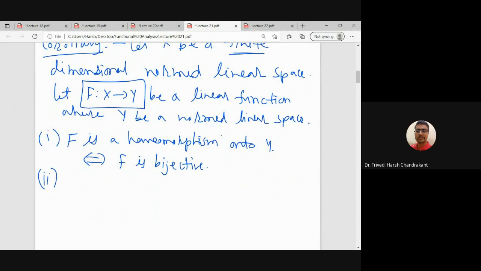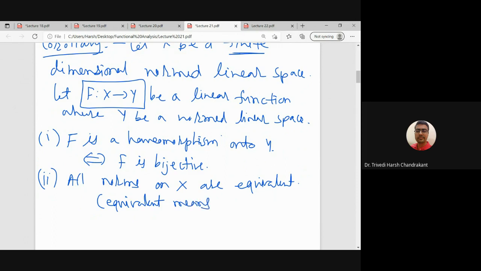Second condition which we want to prove is that all norms on X, on the domain, are equivalent. So equivalent means we are taking any two norms, so let us write down that we have the first norm and the second norm.